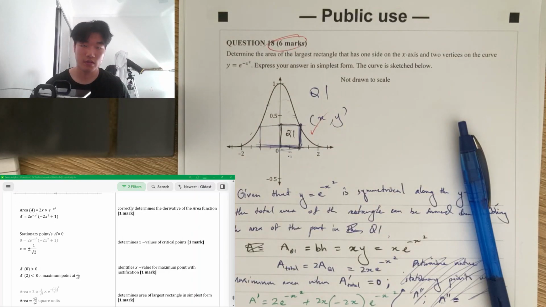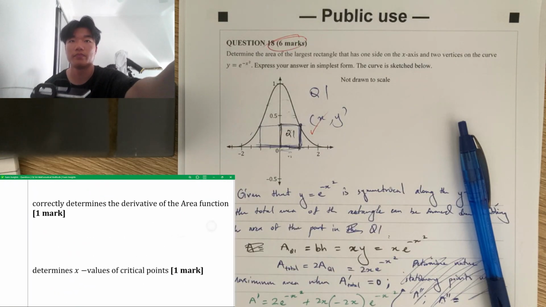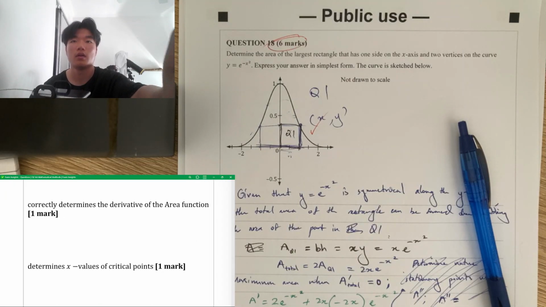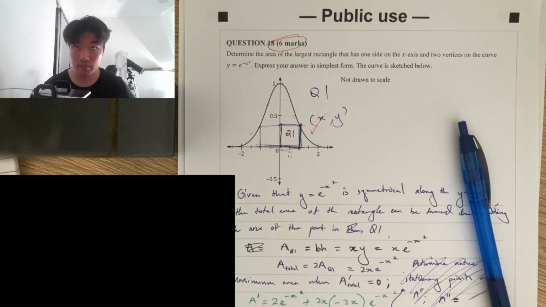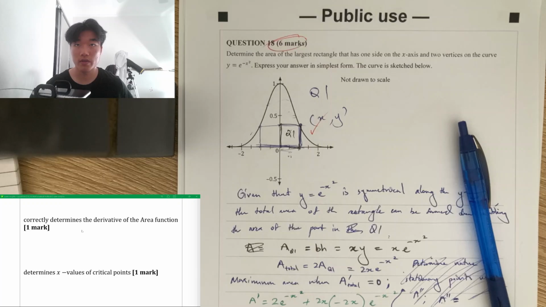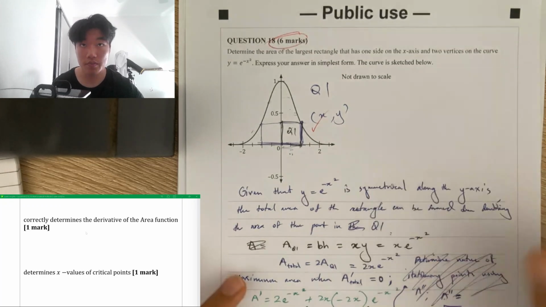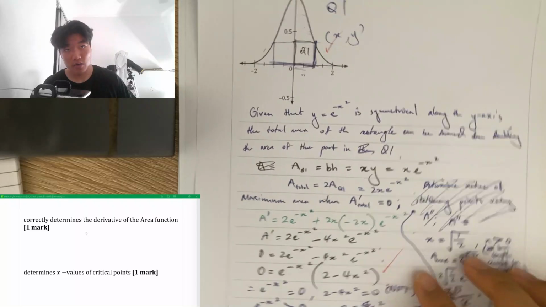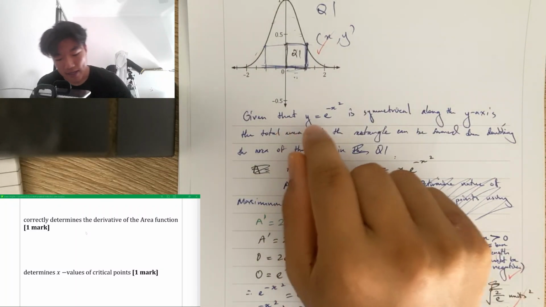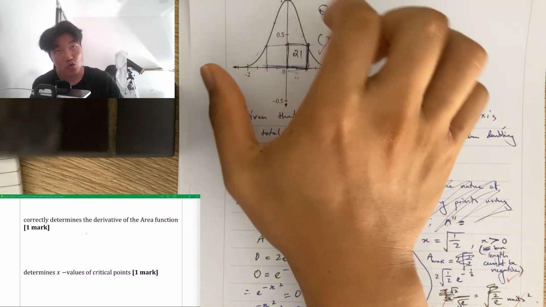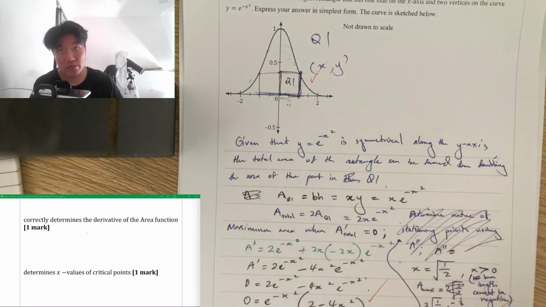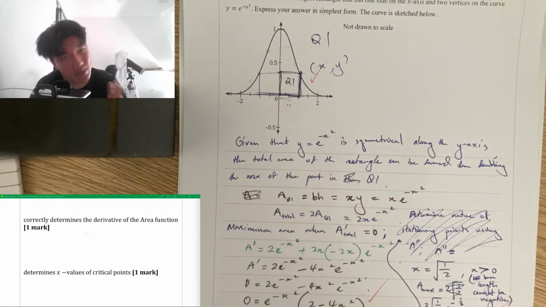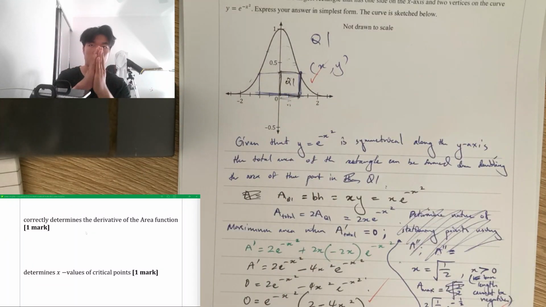Okay, so here's my reasoning, why I did what I did. Let me move this out of the way slightly. I've kind of written my explanation. This looks symmetrical, just based on the graph, and that's because it is. It is symmetrical about the y-axis.